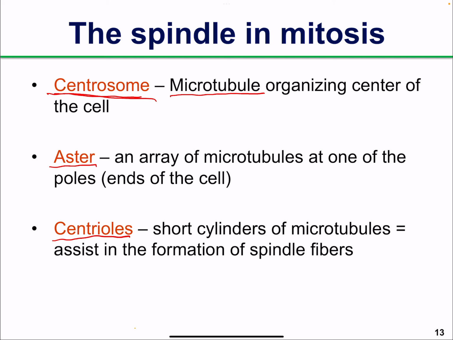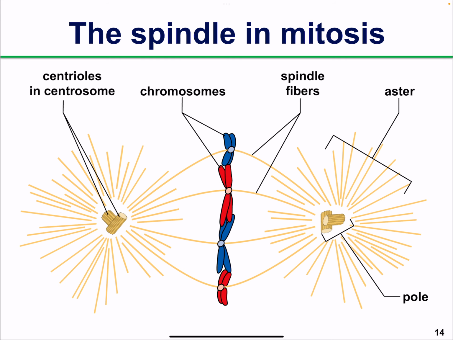Without centrioles, you're not going to have the formation of the spindle fibers. All right, so here we have the centrioles, right? You have the centrosome, which is the area, right? You have the aster, look like a star, shining star, right? That's the aster, okay? And we have the mitotic spindle. And again, all of this, it's nothing but microtubules.